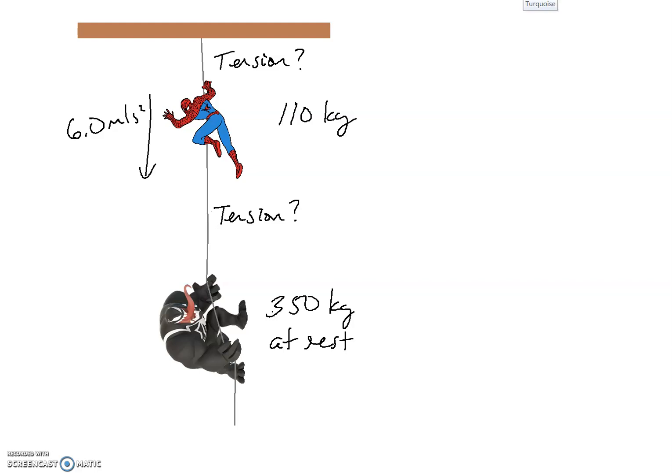For Spider-Man, mg is about 1,080 newtons. For Venom, I take the 350 times 9.81, and I've got an mg of about 3,430 newtons.